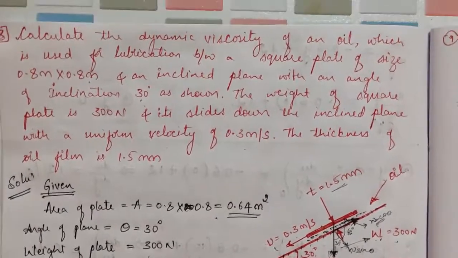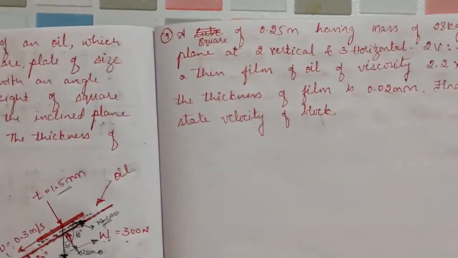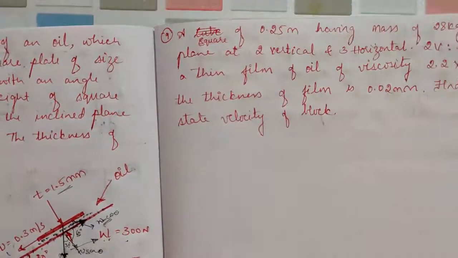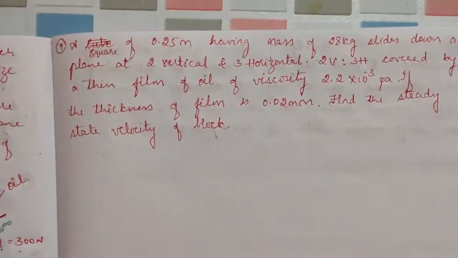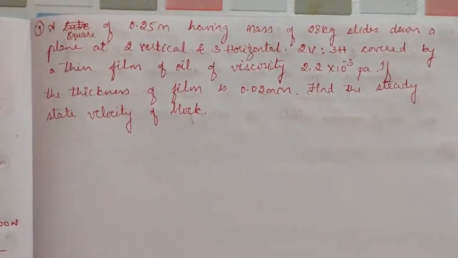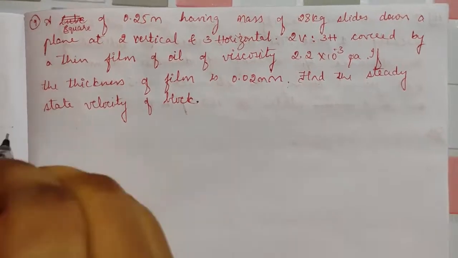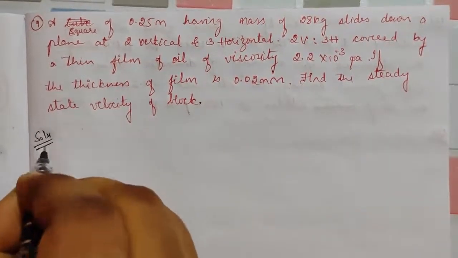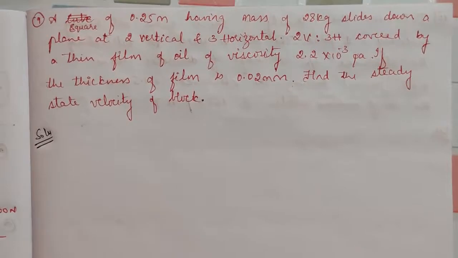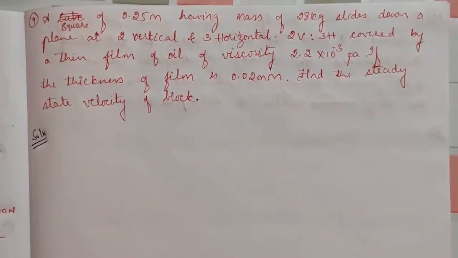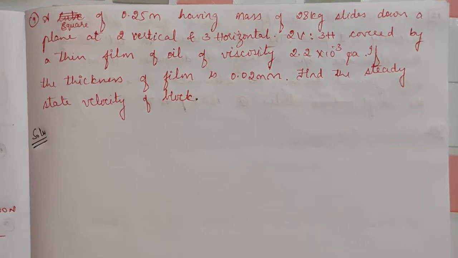Okay, so I have written another question also, the 9th one. So we will solve this problem also. See, first we will note down what is given. A square of 0.25 meter having a mass of 28 kg slides down a plane at 2 vertical and 3 horizontal.